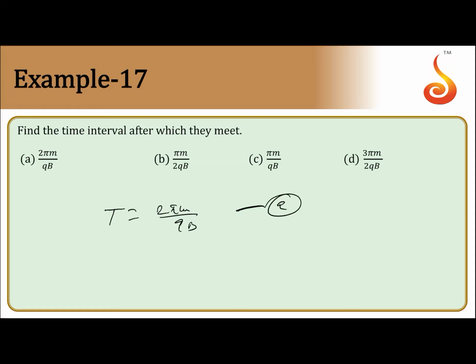And the second particle is always moving along the magnetic axis, that is along the line of the magnetic field. So after this much time they can meet again.